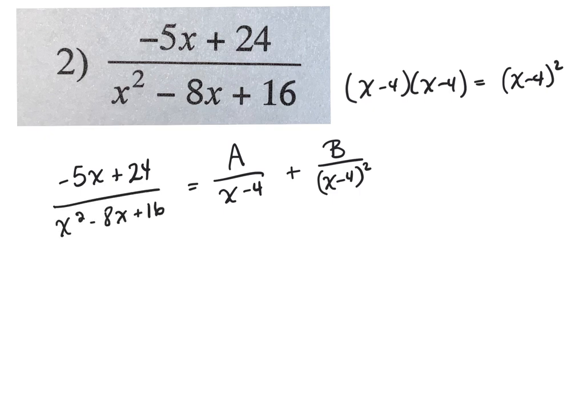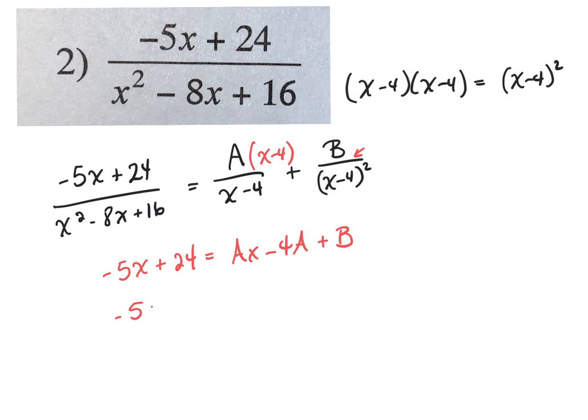All right? And so for this, my common denominator is actually just x minus 4 squared. So this doesn't need anything added to it. This is just going to be x minus 4. So this guy is going to be pretty straightforward as well. ax minus 4a plus b.